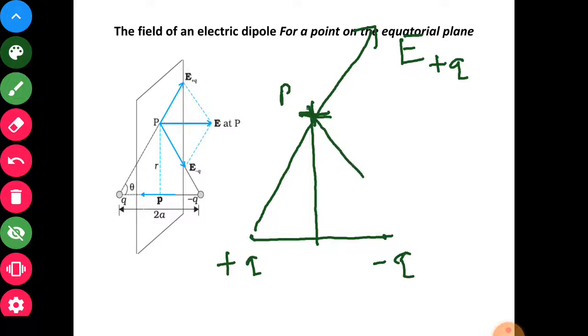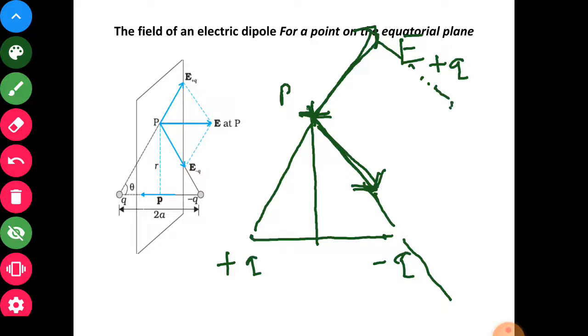So this will be the direction of the electric field due to minus Q charge. I am just extending it in this direction. This vector shows the electric field due to minus Q charge, and this shows the electric field due to plus Q charge. Now you want to find the resultant, so we draw the parallelogram.